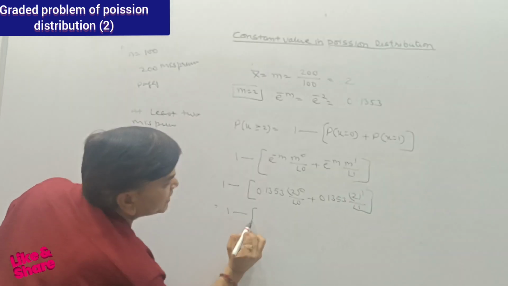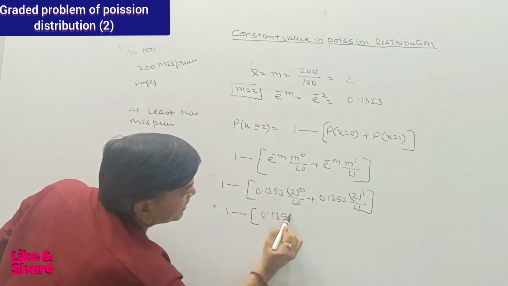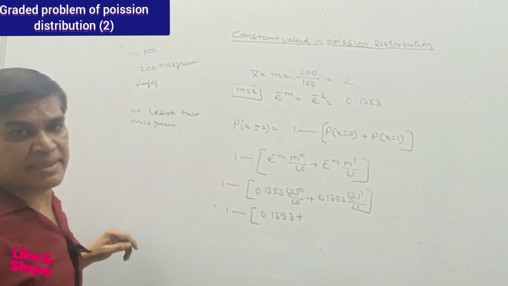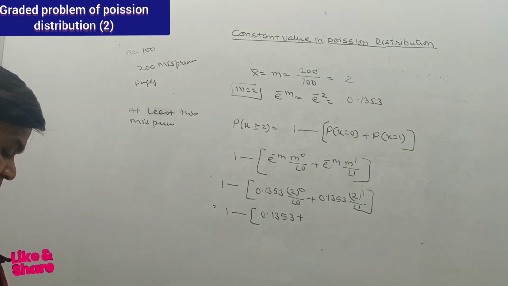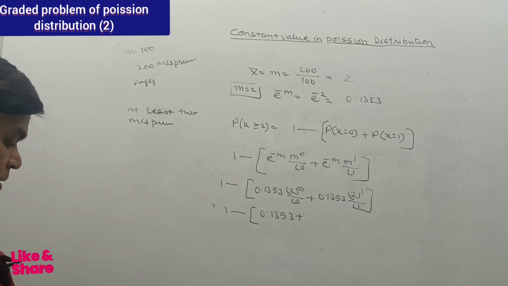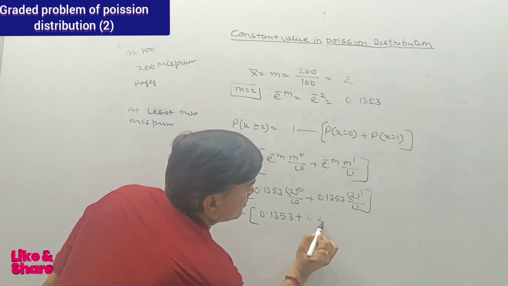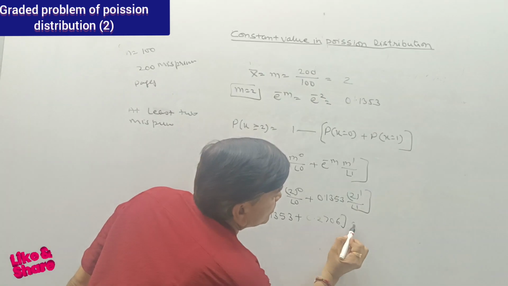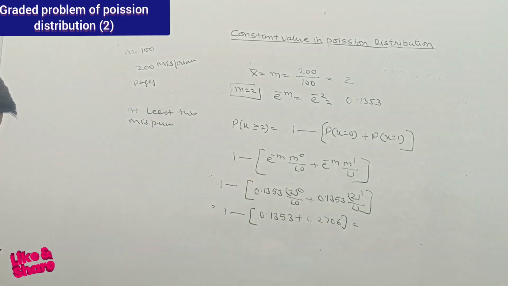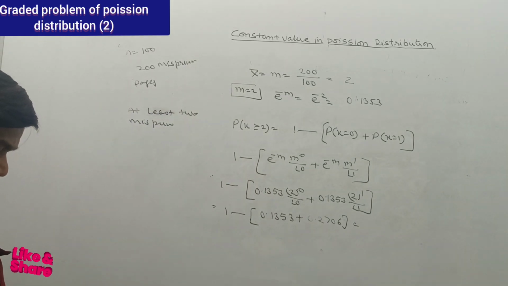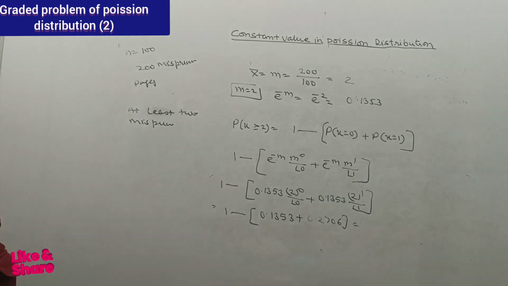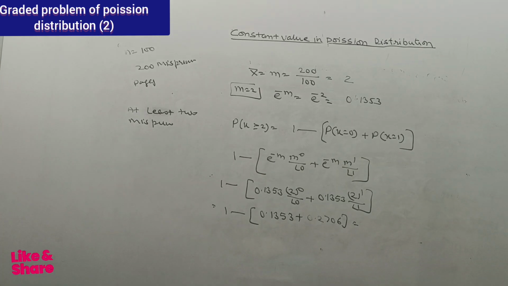So that is 1 minus 0.1353 times 2 raised to power 0 upon factorial 0 plus 0.1353 times 2 raised to power 1 upon factorial 1. Solving this, 0.1353 multiplied by 2 is 0.2706. So 1 minus 0.2706 plus 0.1353, we get the answer, that is 0.5941.